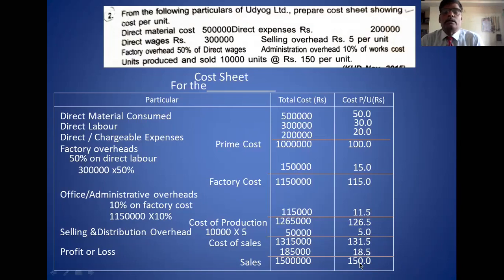Selling price per unit is 150 and cost of sale per unit is 131.5. Difference is 18.5. This 18.5 represents profit per unit because selling price per unit is more than cost of sale per unit. Okay, like this you ascertain.